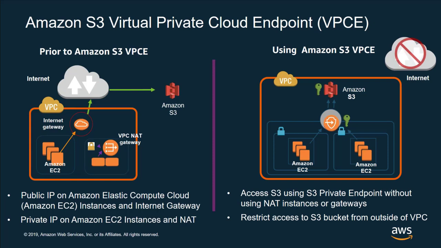Correspondingly, in the S3 bucket policy, you say that these S3 buckets can only be accessed from this VPC endpoint ID. You can use that as a condition key in the bucket policy. That enforces security on both sides, from the VPC and on the S3 side, to make sure there's no risk of other actors getting access to the data. You're restricted to get access only from your VPC into those S3 buckets. That's definitely a very strong best practice that we see many customers using today.